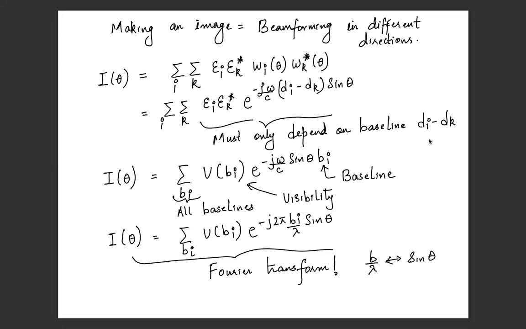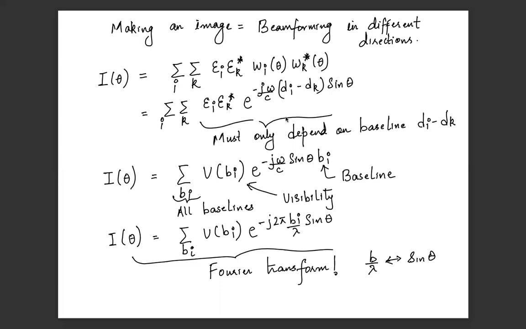You can almost think of them as being at infinity, which means that it does not matter where on the earth you build this baseline, you will measure the same image of the sky. And that is just to say that the absolute location on the earth where you're building this interferometer doesn't matter. All that matters is the relative location of the different elements of the interferometer.